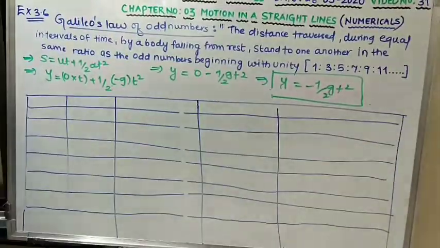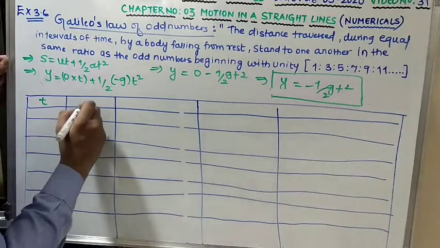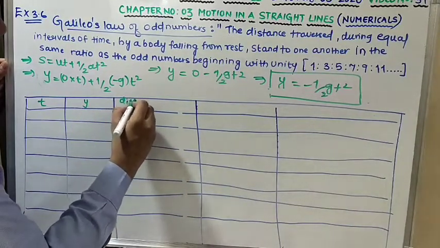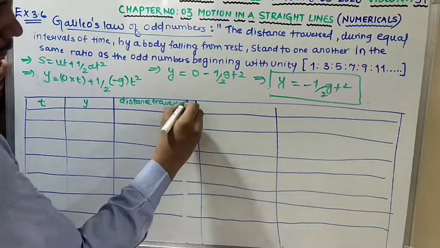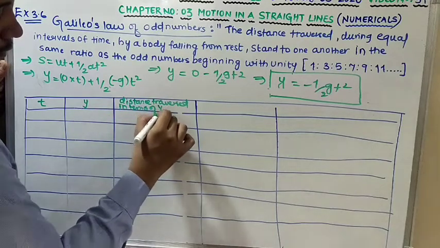Fine. Now let us consider the time instant t. Then we consider the y, then distance traversed in terms of y naught. Till this clear?